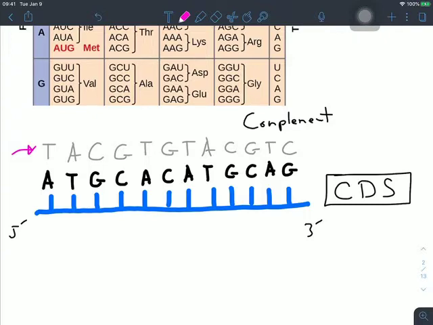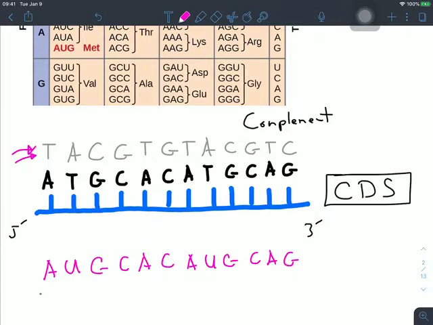From this strand of DNA, the resulting strand of RNA would look like this. A U G, C A C, A U G, C A G.